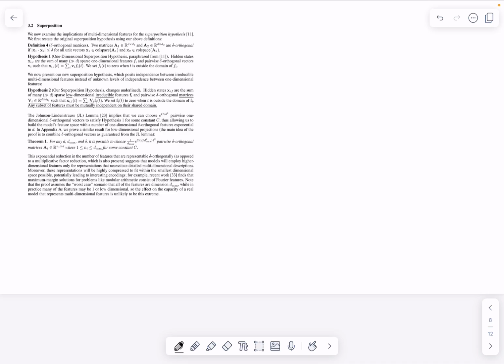Once we identify irreducible multidimensional features using that definition 3, we can extend the traditional linear hypothesis. In the linear hypothesis, hidden states are typically described as a linear combination of one-dimensional features and vectors.